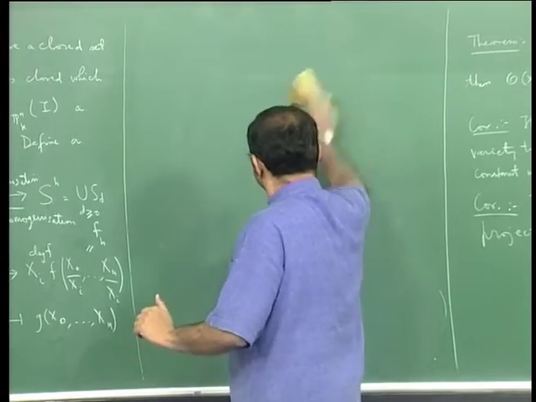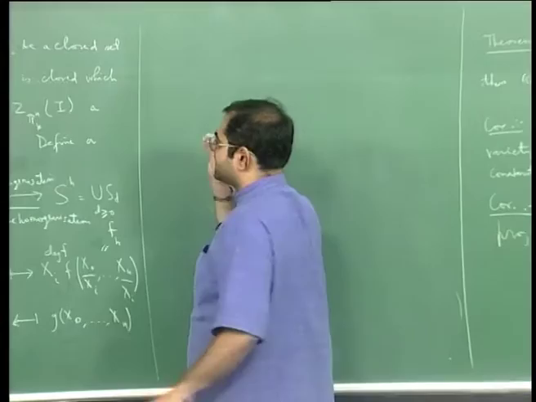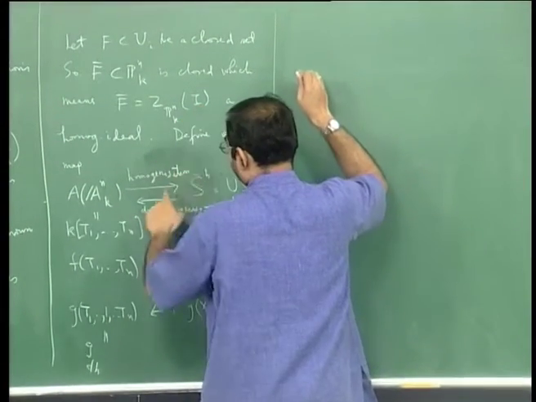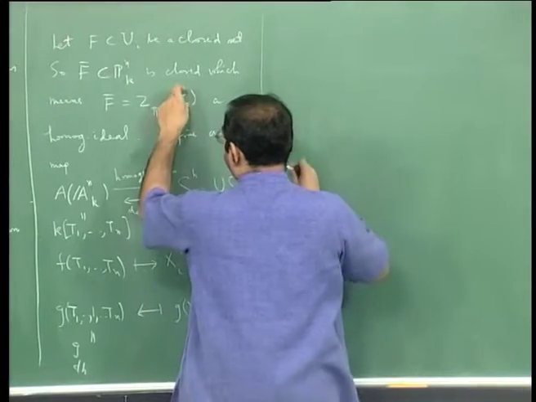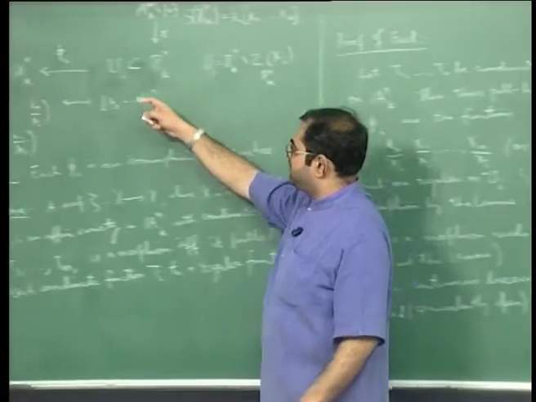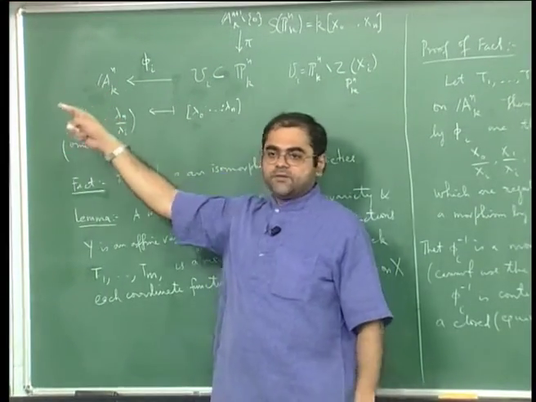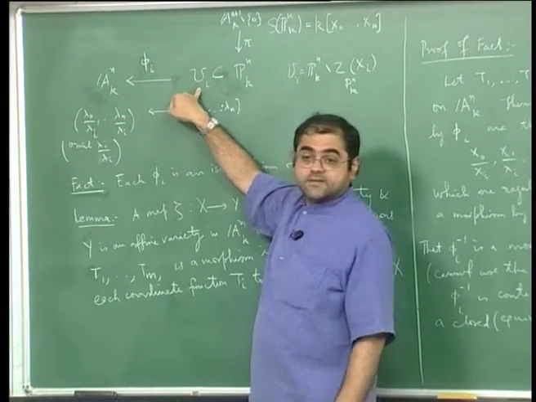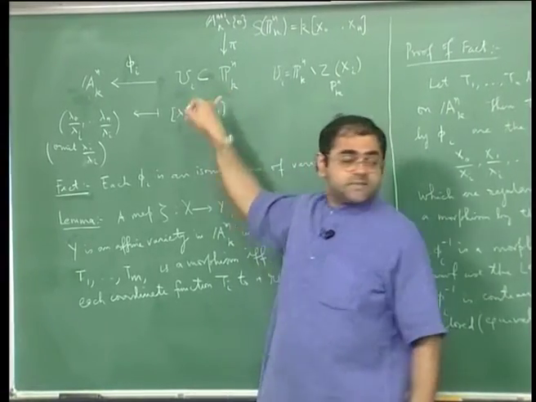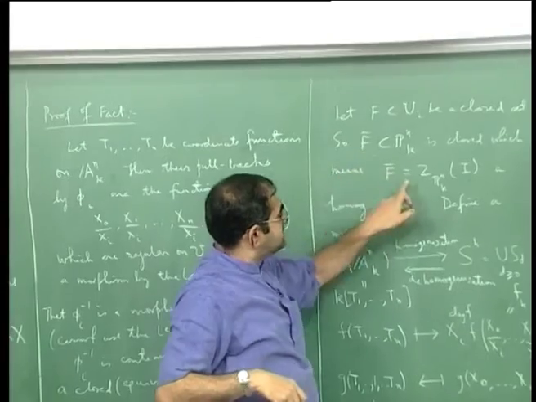It's a very simple set theoretic exercise to check that, see, I am trying to check that this map phi is closed. Okay, so I started with an f which is closed here, and I took its closure in the full space, and this f closure is the zero set of an ideal.